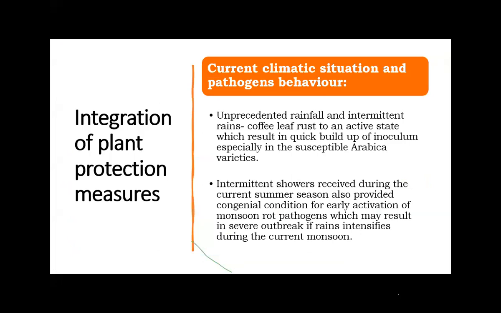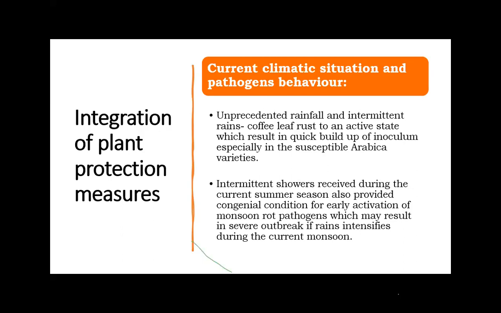Then the current climatic situation, what we have to take into account, and how the pathogen is behaving. As I said in my previous slides, due to unprecedented rainfall and intermittent rains, the coffee leaf rust pathogen is in an active state, which results in quick buildup of inoculum, especially in the susceptible Arabica varieties.